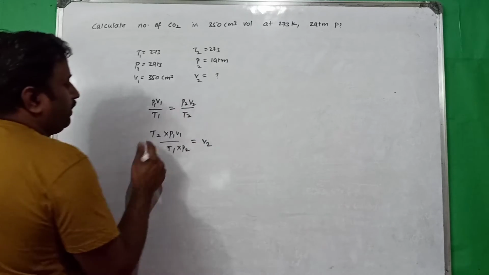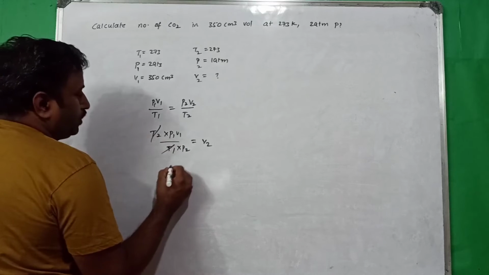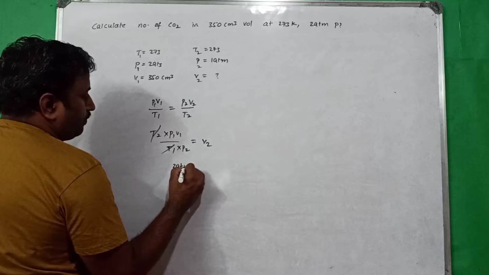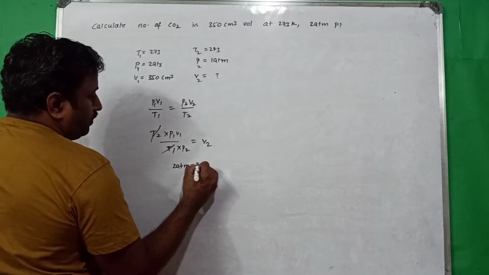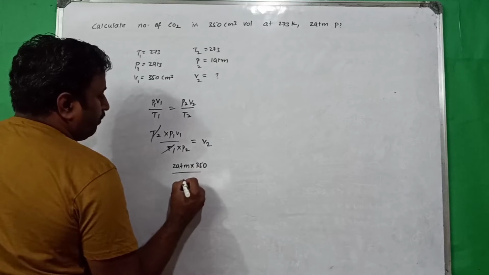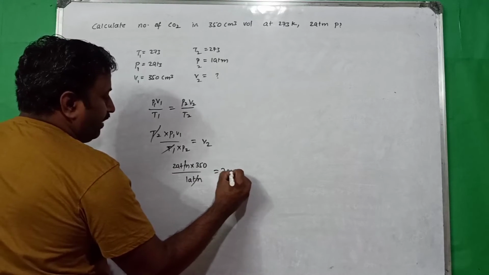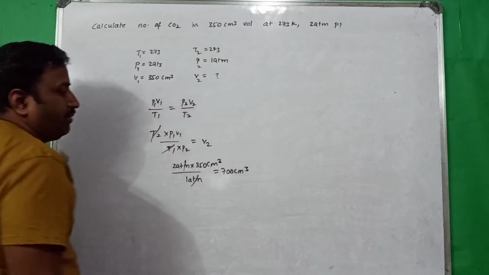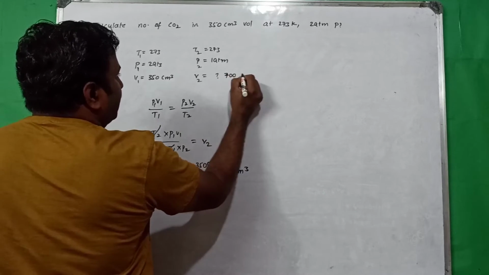Here T2 and T1 are the same, so they cancel. P1 is 2 atm into V1 350 upon P2 1 atm. So atm cancels, and you will get 700 centimeter cube. So V2 we got is 700 centimeter cube.